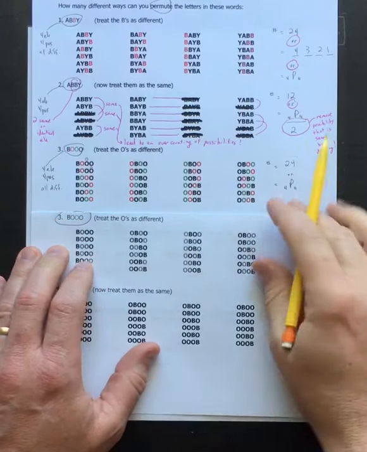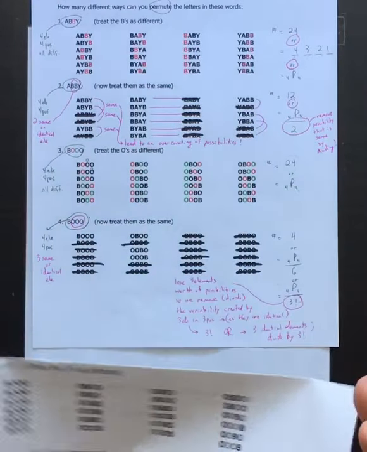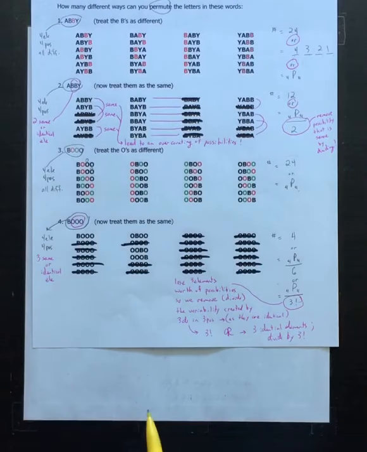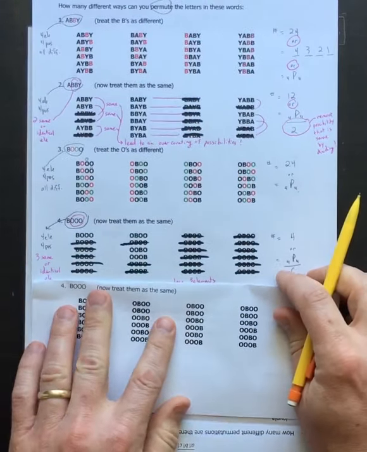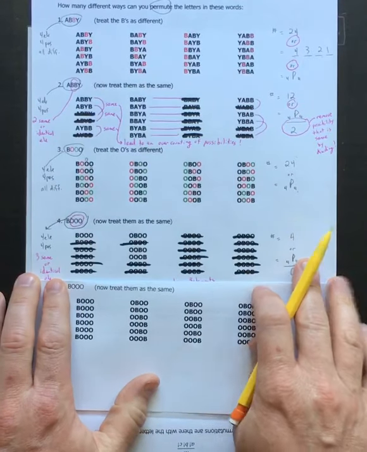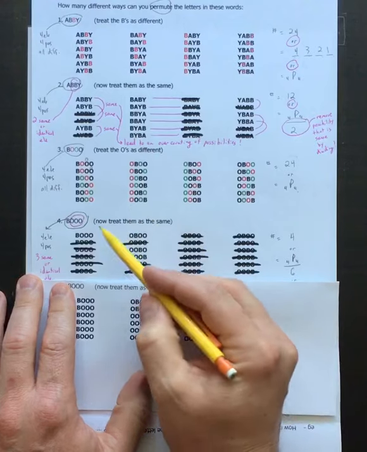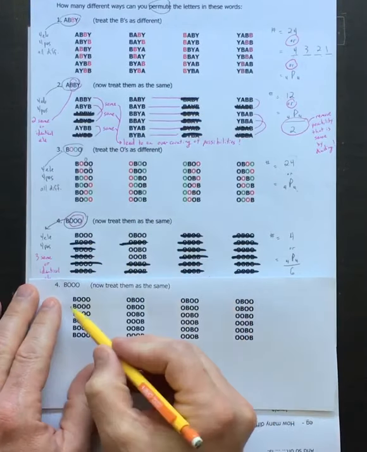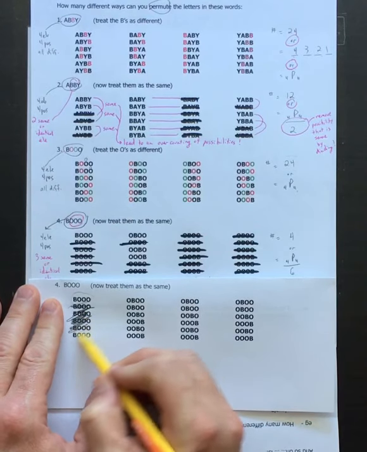Now what we do is when we treat them all as if they're identical, and that's what we have in this scenario here. In this scenario here, we've got B and then 3 O's that are exactly the same to each other. Okay? And so what you'll find out is, well, you've got BOO, and then you've got all of these that are all repeats.